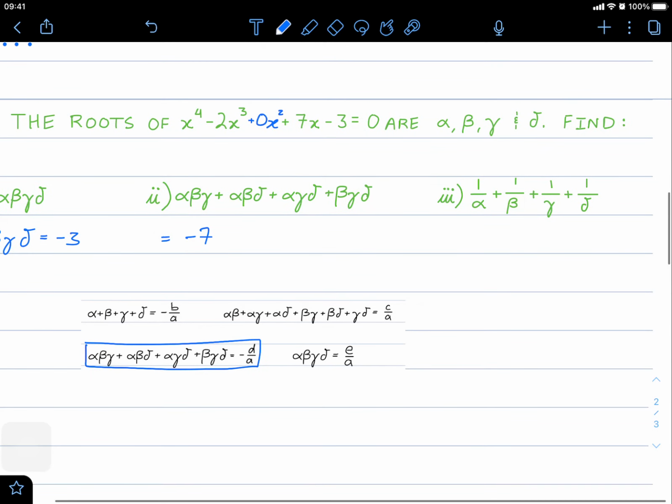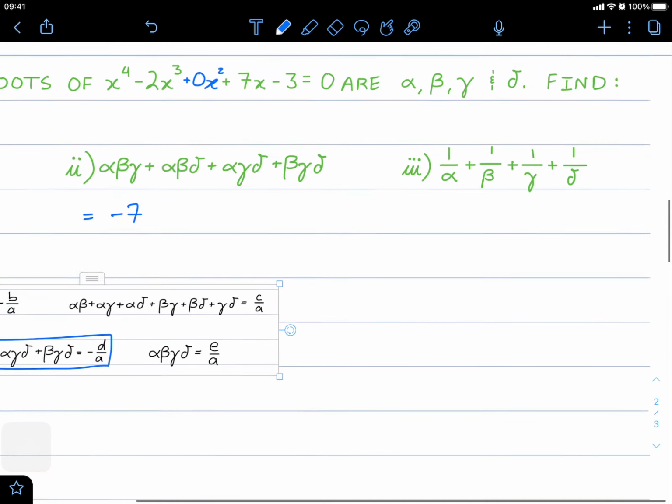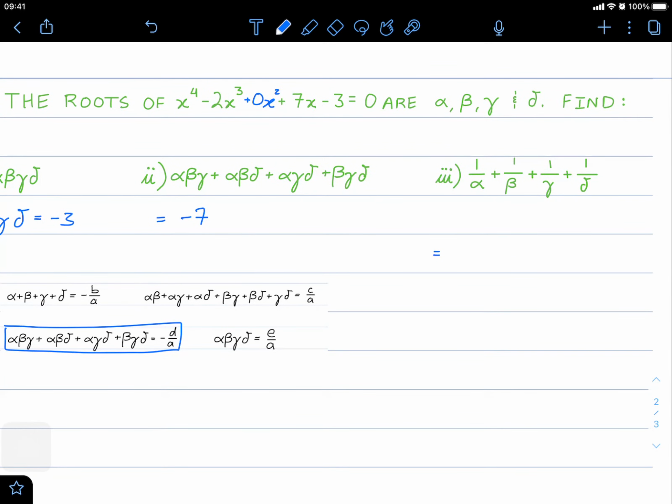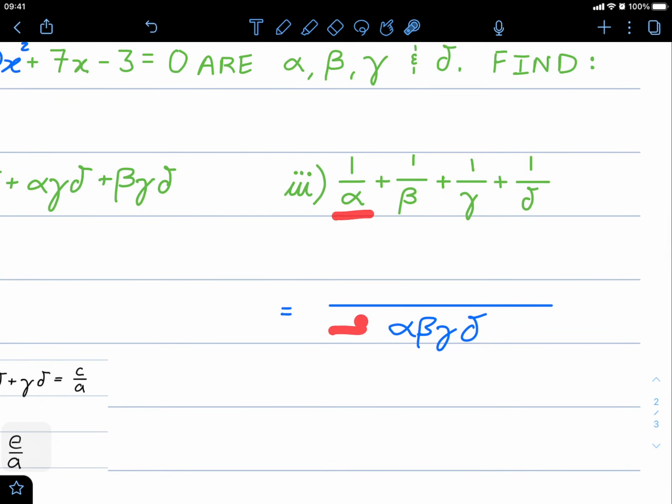As for this last one, we've probably seen a similar question using the cubic. For this, we need an expression where we have the same denominator for all of them. So alpha, beta, gamma, delta. And now for alpha to become this, it's missing the factors of beta, gamma, delta.